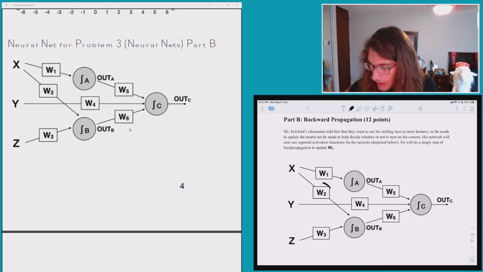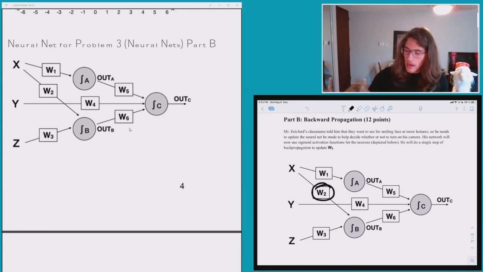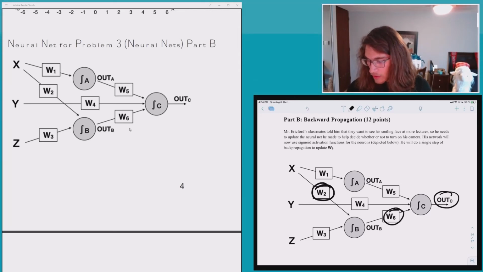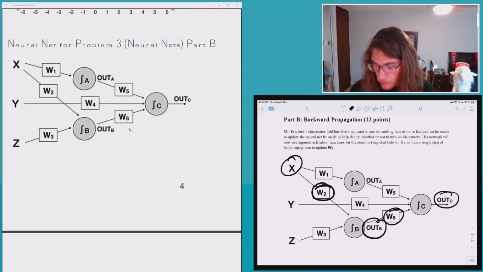So I'm asked to calculate W2. And the intuition is I need to know how W2 influenced output C. So definitely I need output C, and I need essentially anything that led from W2 to output C. So I need W6, I need out B, because W2 influenced out B, and out B influenced out C with W6, and I need the input as well.